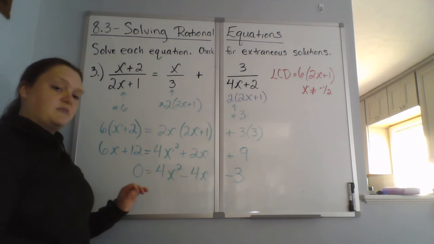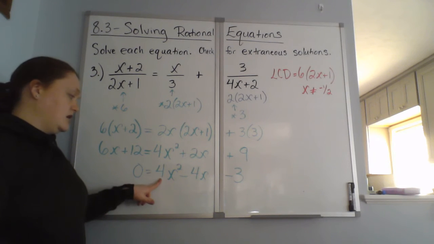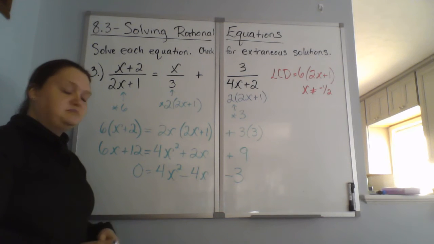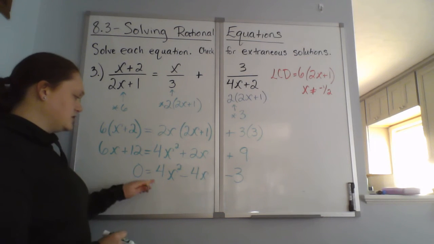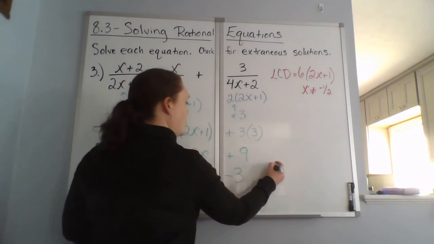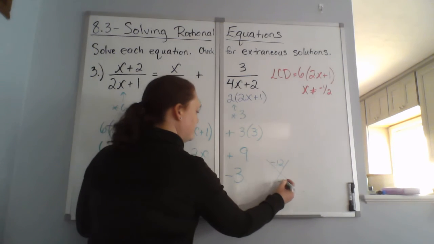This is something that you can solve by factoring. If you're not great with factoring when there's a leading coefficient other than 1, then feel free to go ahead and use quadratic formula instead. But I want to remind you that if you start with the a value times the c value, that's negative 12, we will be looking at what are factors of negative 12 that add up to negative 4.